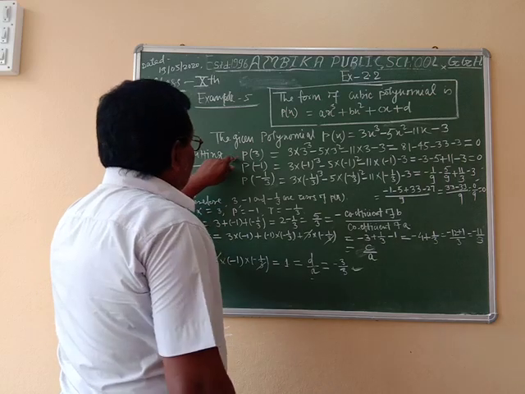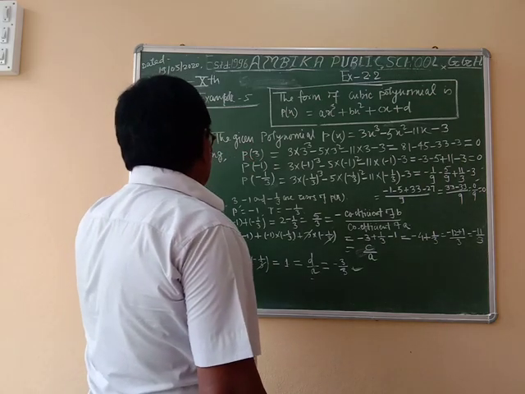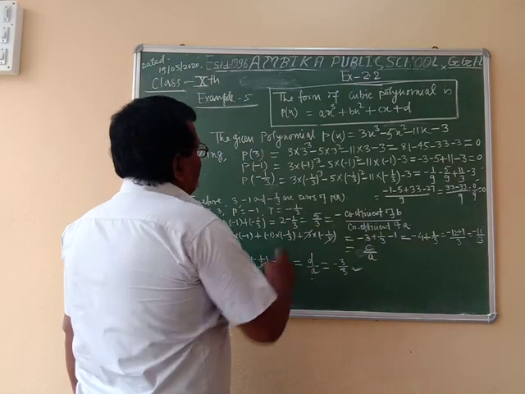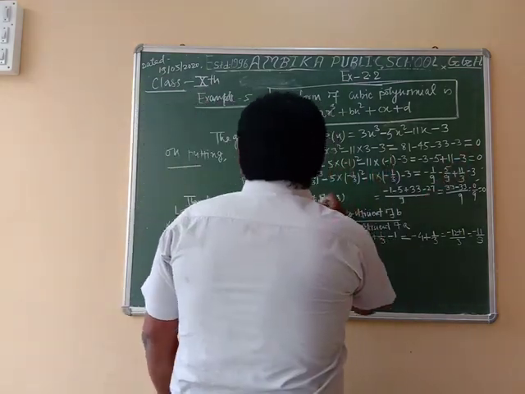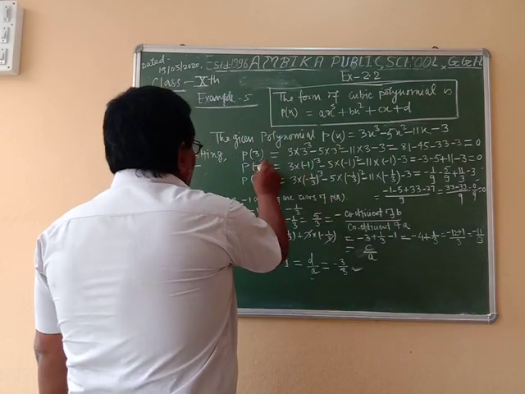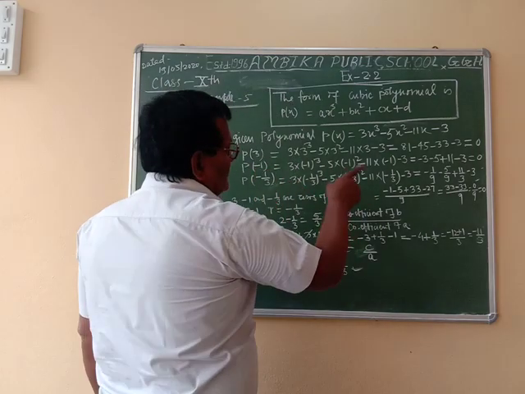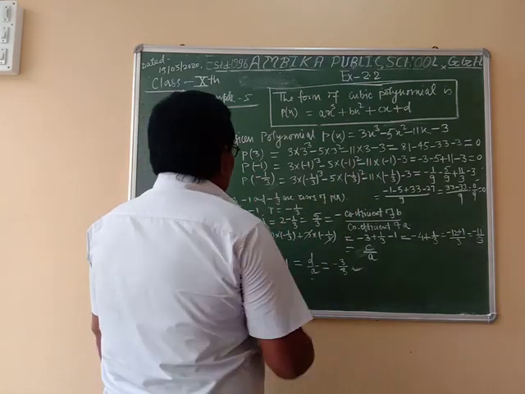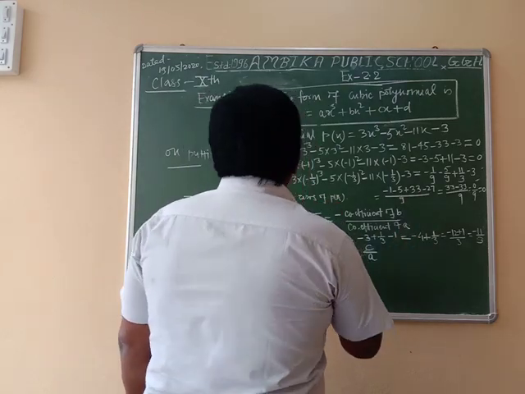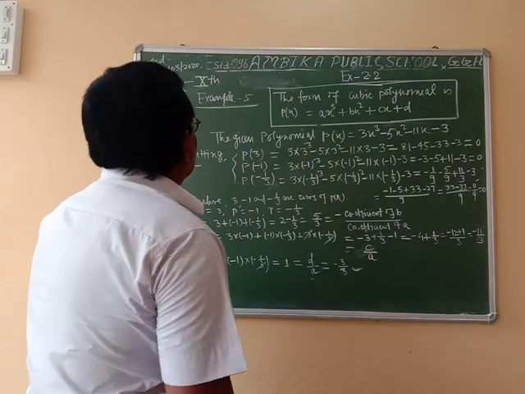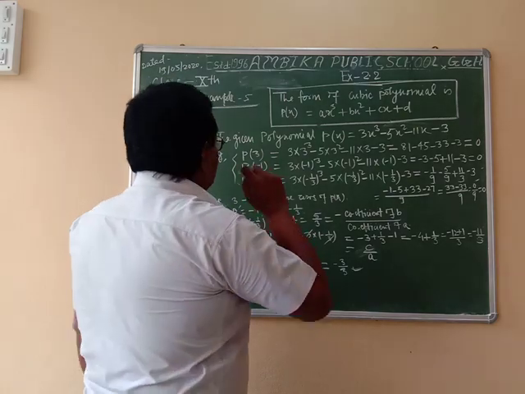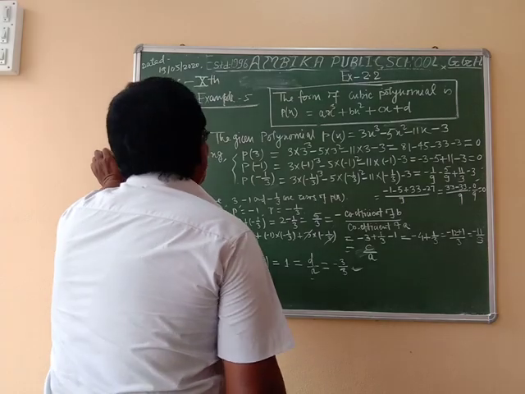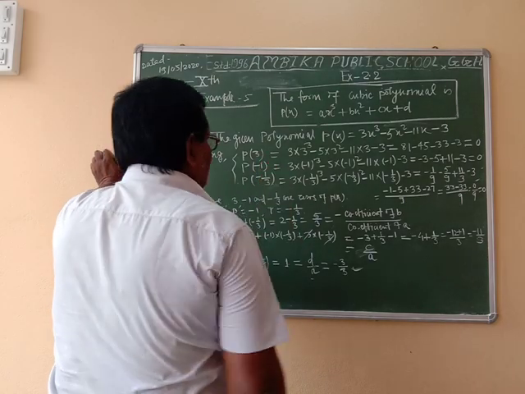Putting 3, we get the result 0, and if we put -1, then the value of Px is equal to 0, and if we put -1/3, the value of Px is equal to 0. So if the value of Px is equal to 0, then it is proved that 3, -1 and -1/3 are the zeros of the polynomial.